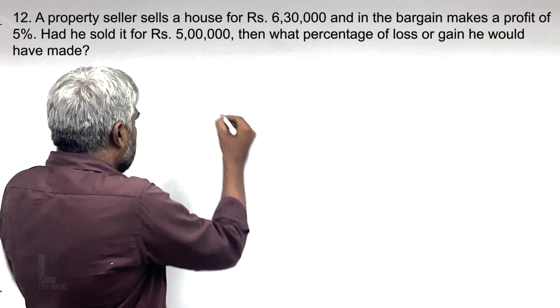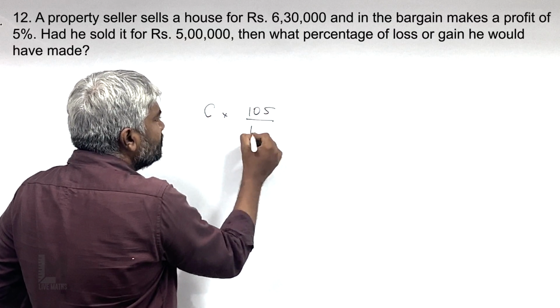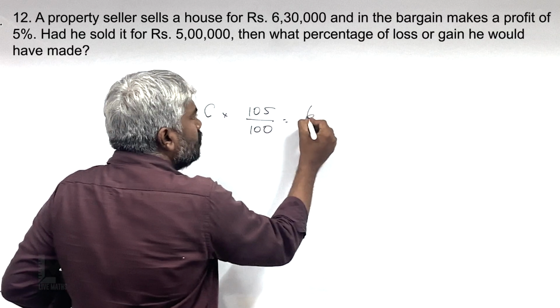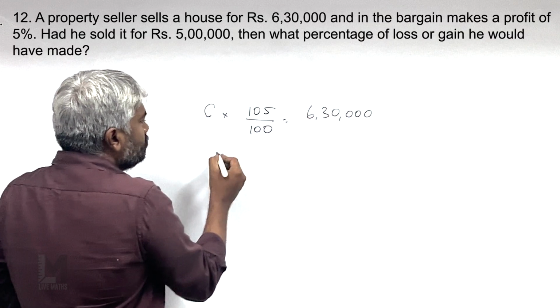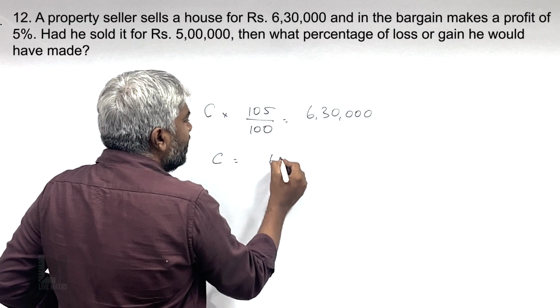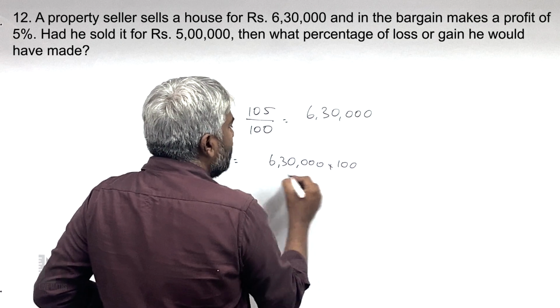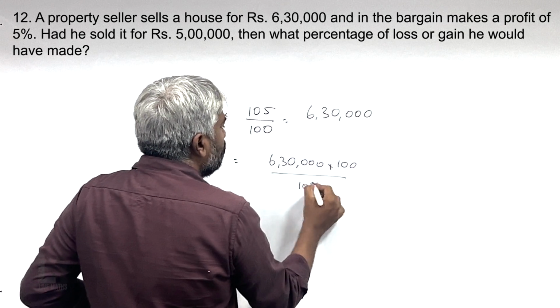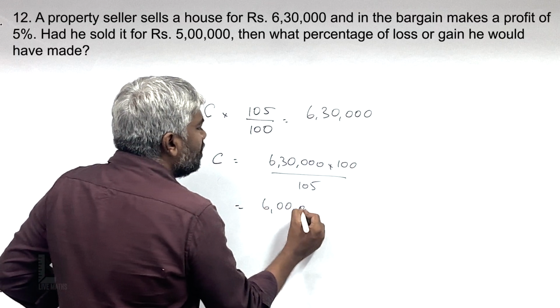If it is a profit or loss, you have to find the percentage of it, right? Now, he makes a profit of 5%, which is equal to selling price. We know that selling price is 6,30,000 rupees. If you find the cost price, you will get 6,30,000 rupees into 100 by 105, so you will get 6 lakh rupees.